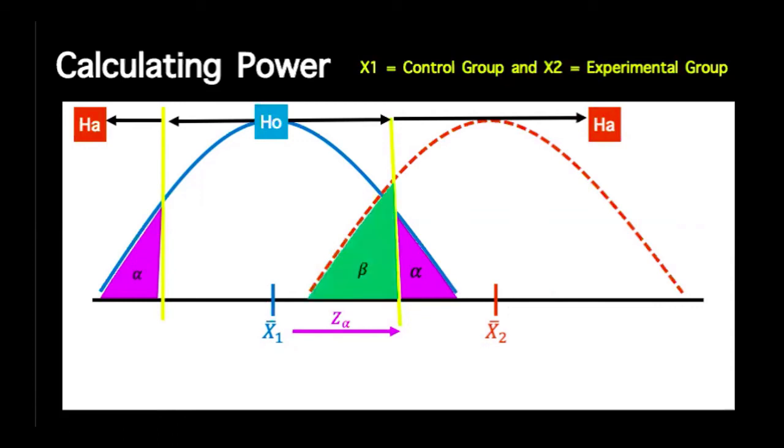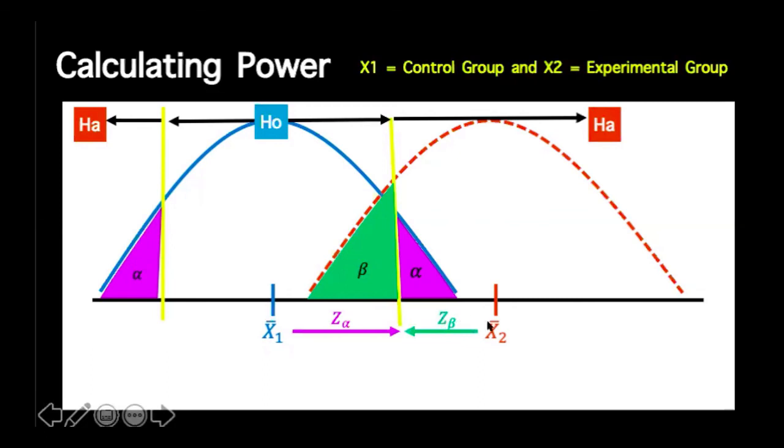What we end up saying is that this overlapping area between these two distributions is where beta would exist, or our type 2 error, because this would say we chose to accept the null hypothesis when the null hypothesis is actually false, right? Our sample mean landed in the region of rejection for this control group, but the overlapping area means we would accept the null when the null is false. So this is a type 2 error.